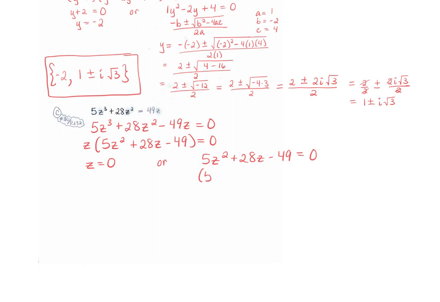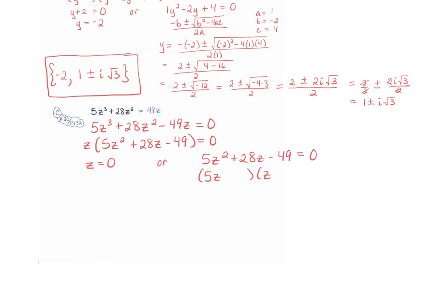So 5z squared factors as 5z and z, and we need to think of two numbers that multiply to be -49. That would either be -7 and 7, or 49 and -1. And we have to think of a combination that allows our middle term to add up to be 28.